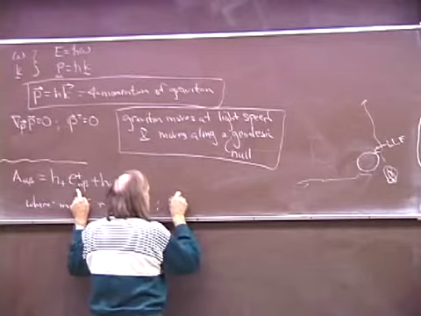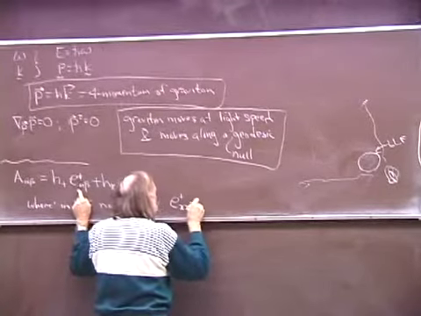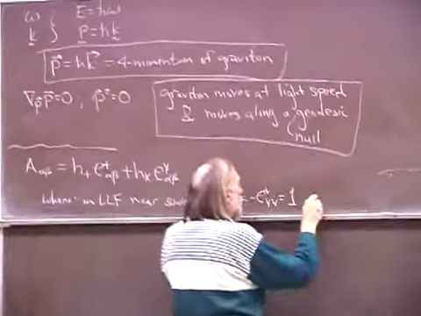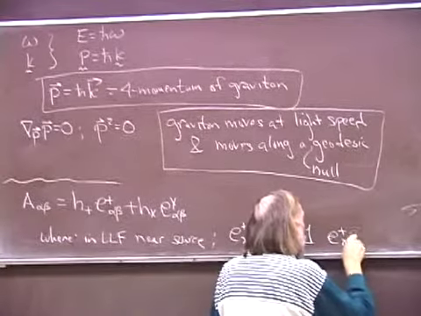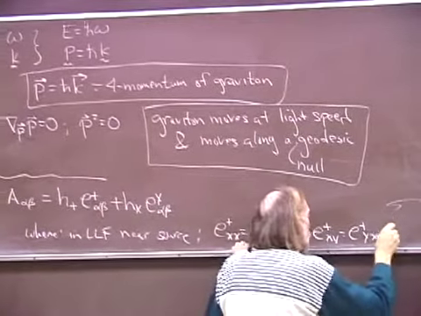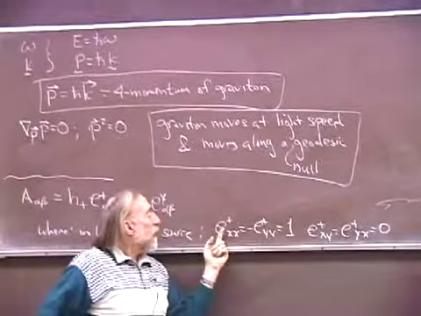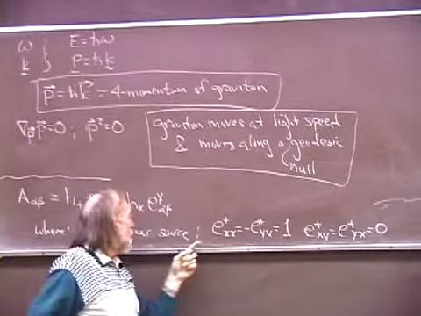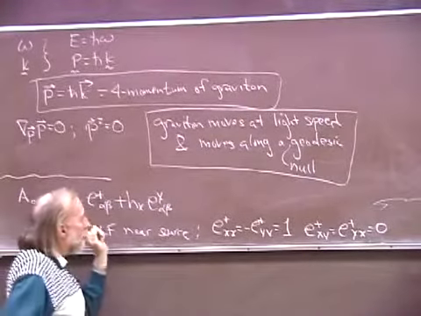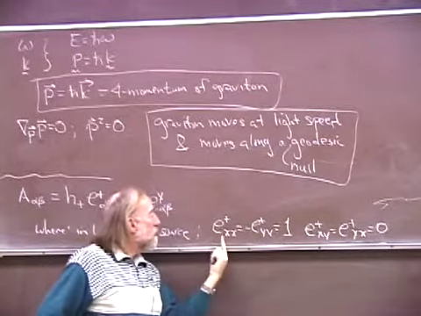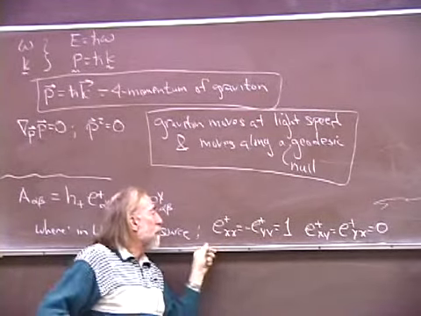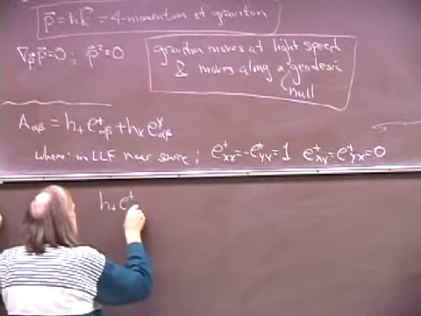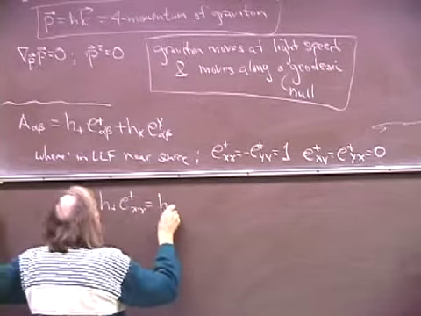e plus is defined to have e plus xx equal to minus e plus yy equal to 1, and e plus xy equal to e plus yx equal to 0. In other words, this just carries the directionality associated with the gravitational wave amplitude. So that guarantees that h plus e plus xx is equal to h plus.